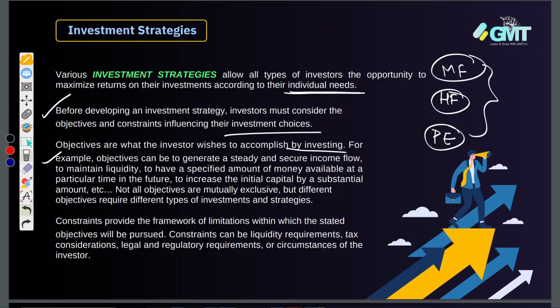Constraints provide the framework of limitations within which the stated objectives will be pursued, and constraints can be liquidity requirements, tax considerations, legal and regulatory requirements, or circumstances of the investors.